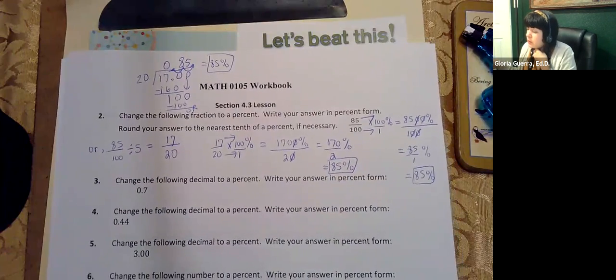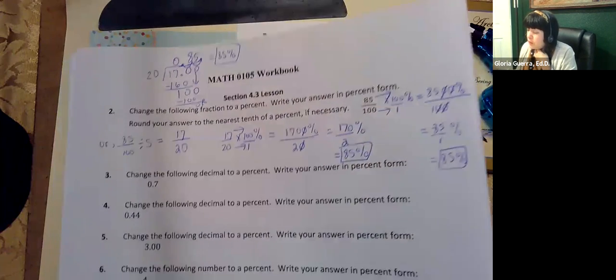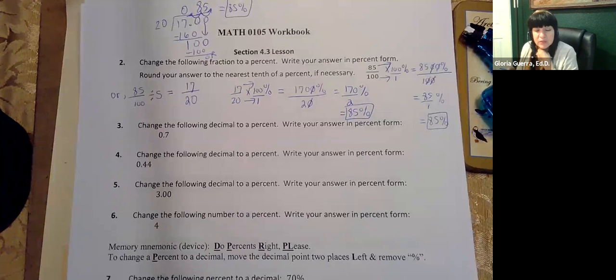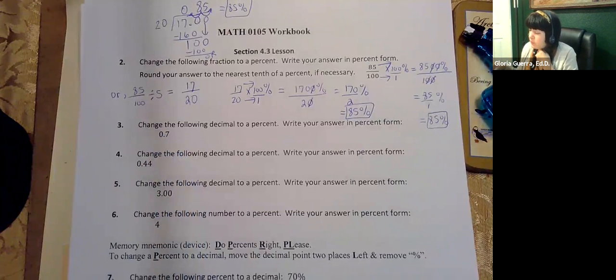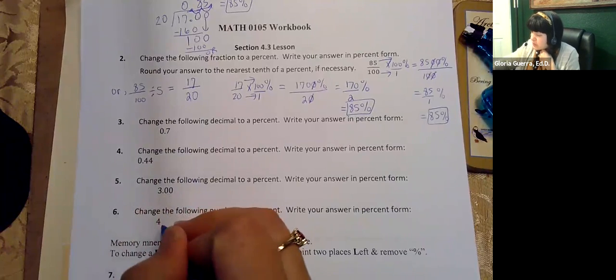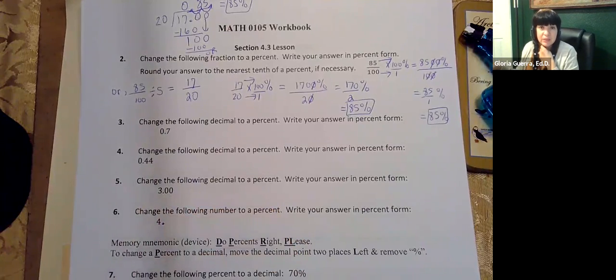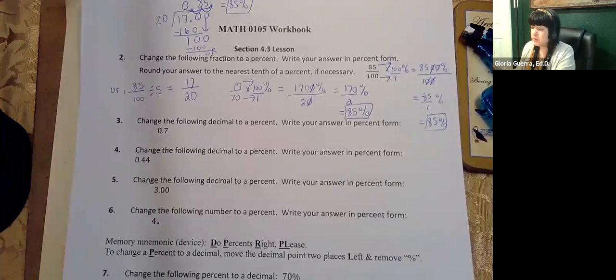Okay, and then if you look at 3, 4, 5, and 6, these are all decimals, even though you don't see the decimal, it's there, it's hidden in the back. But these are all decimals.